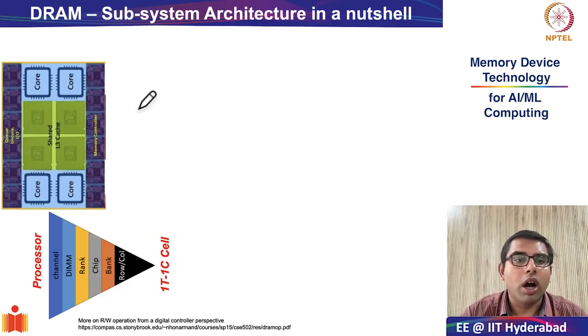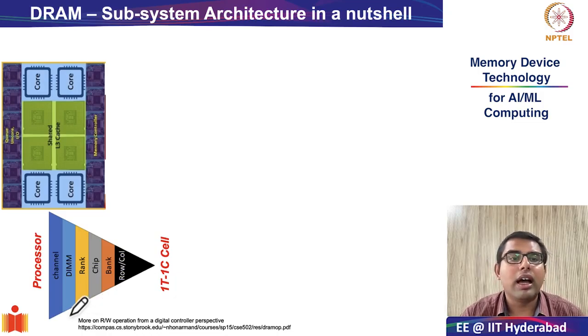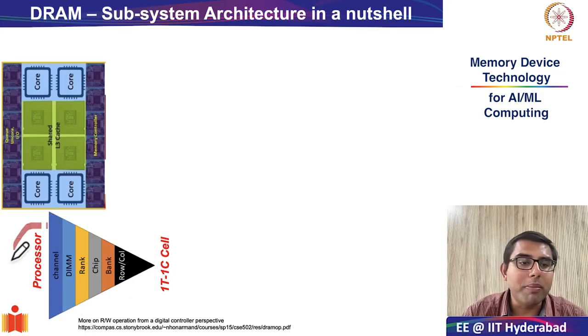In the previous class, we started from the bottom of the hierarchy, from the memory array, and slowly moved upwards to bank, chip, rank, DIMM, and so forth. But in today's recap, let's start from the top of the memory hierarchy, which is the processor subsystem.